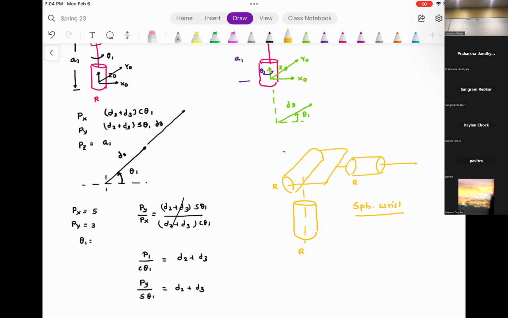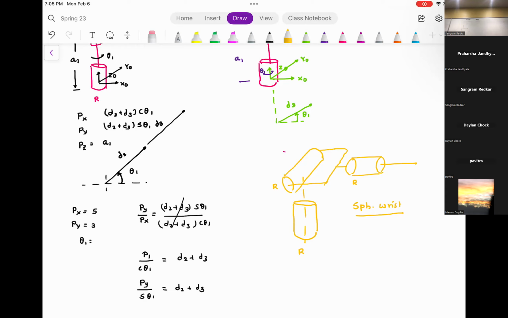In the last class, the first problem that we solved, we had a revolute joint, then another revolute joint, and one more revolute joint. So R perpendicular to R, parallel to R. If you combine those 3 degrees of freedom articulator or manipulator with a wrist, which is R, you get the Puma robot.